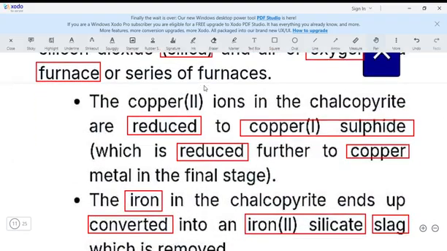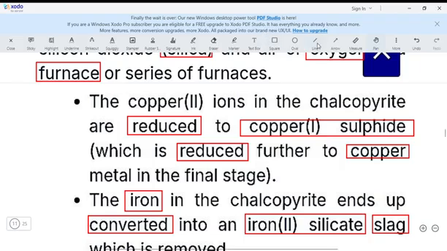Now there is a reduction process. The copper 2 ions that we have in chalcopyrite or copper pyrites, that's your ore now, will be reduced to copper 1 sulfide. Remember, it is CuFeS2.